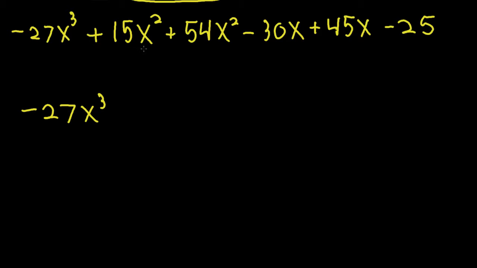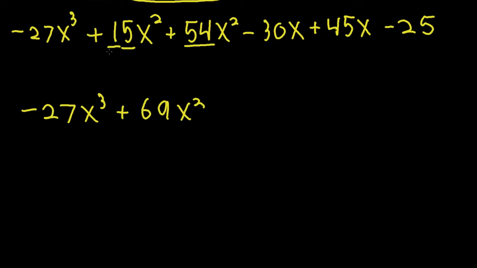I have 15x squared plus 54x squared. Oh, I'm sorry, 54 plus 5 is... it's not 54, 54 plus 15 is 69.